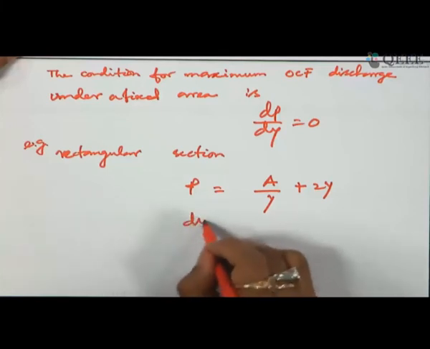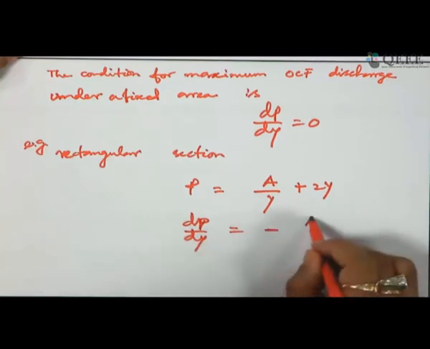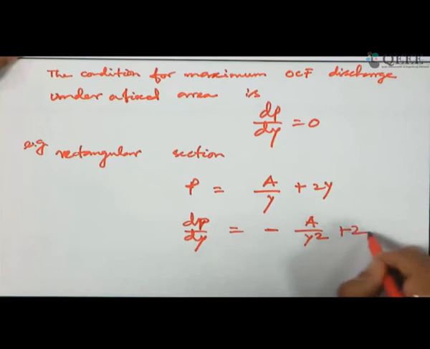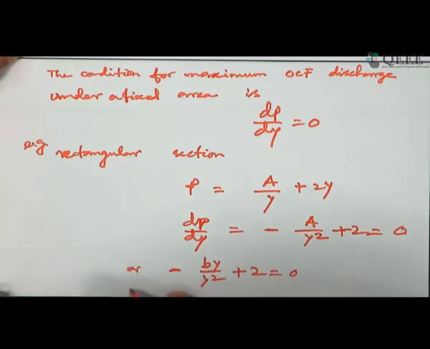So, we can write dP by dy equal to minus A by y square plus 2 equal to 0, or minus b y by y square plus 2 equal to 0, or y equal to b by 2.